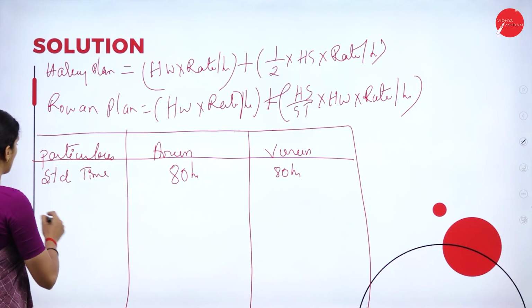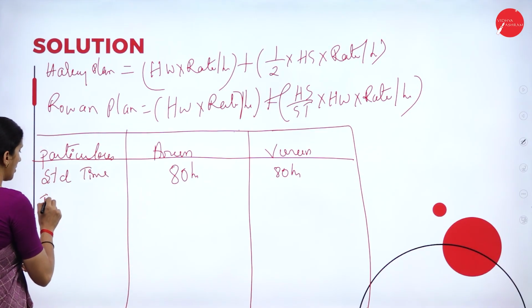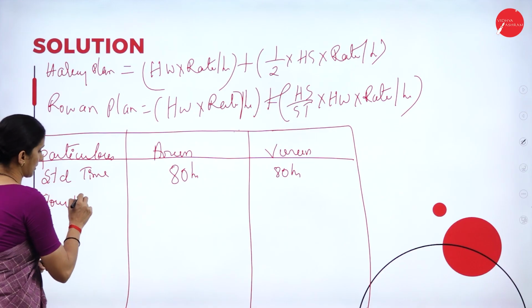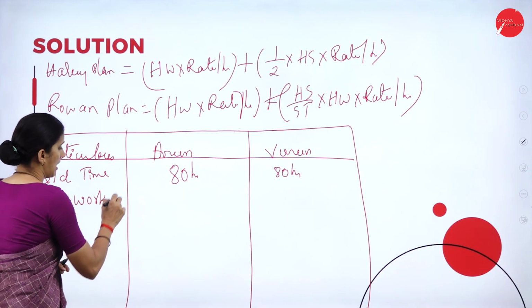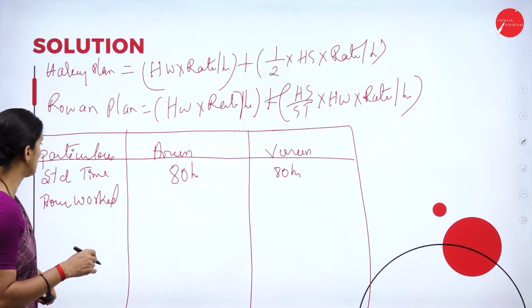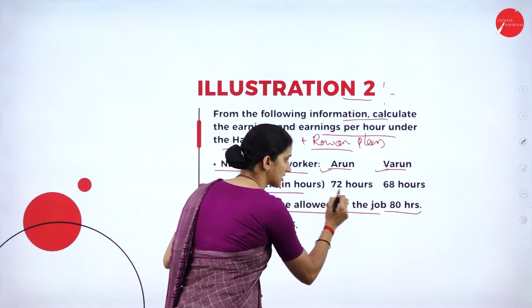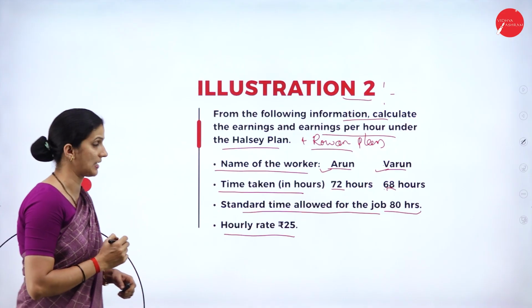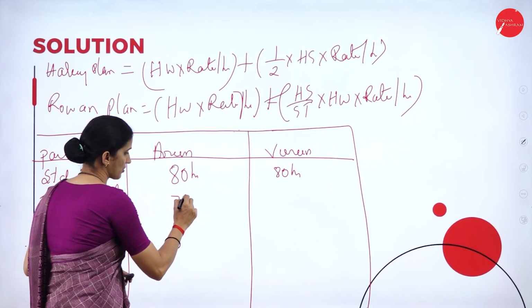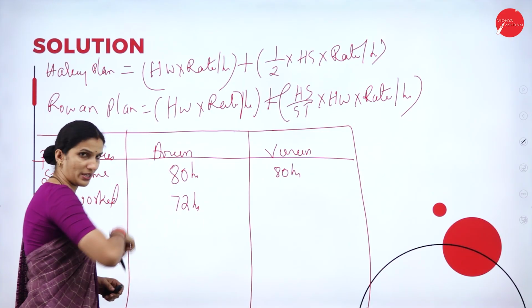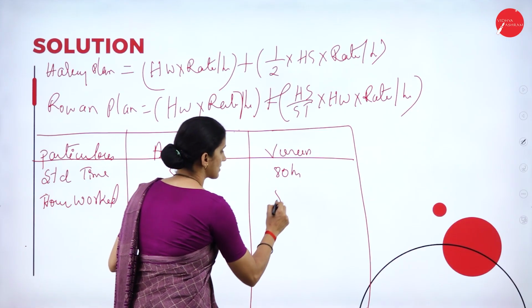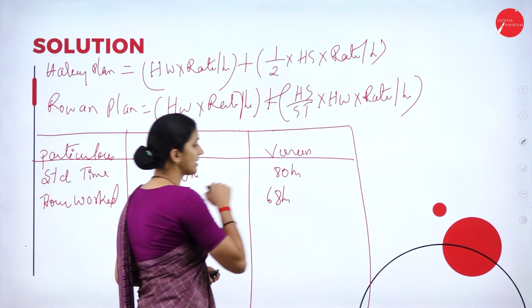And then you need the hours worked by both the workers. See here, hours worked or the time taken, that is 72 hours and 68 hours. So that we will write here. So the hours worked are 72 hours by Arun and 68 hours by Varun.